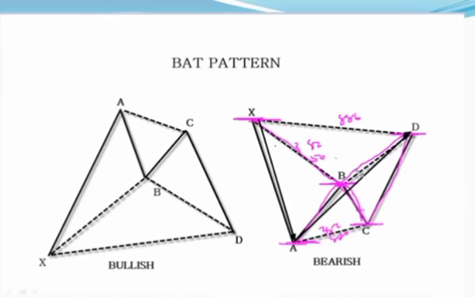Now your B to C to D would have that same 1618 to 2618 we saw in the other pattern, the butterfly. So you have X to A up to D, and then you have B to C up to D. You have all this put together as your areas to watch, and that's your bat pattern.